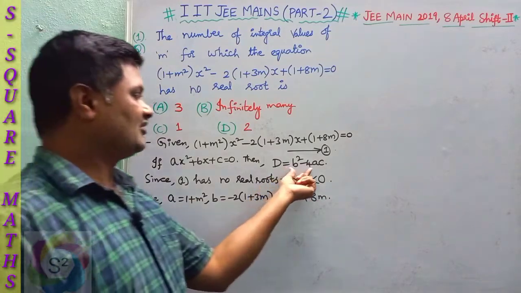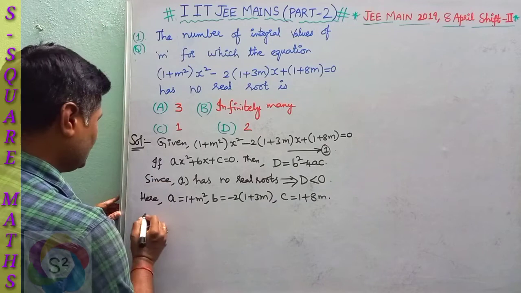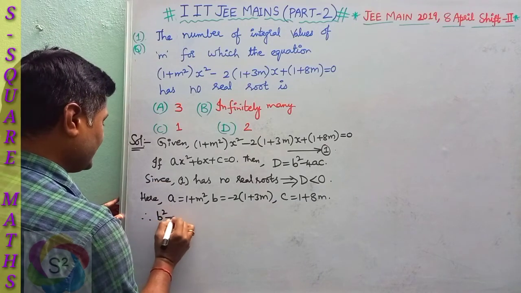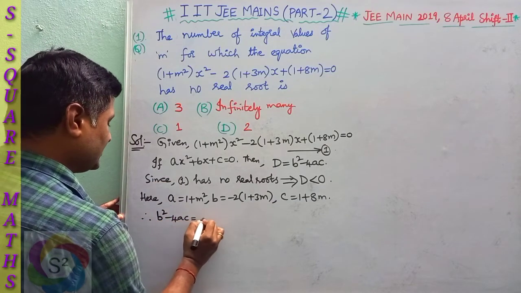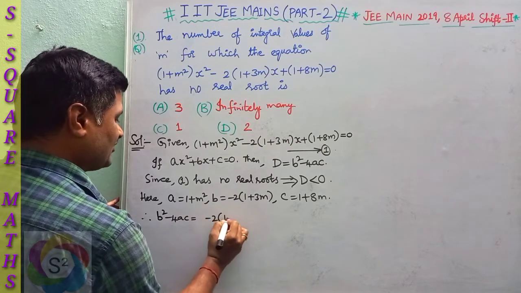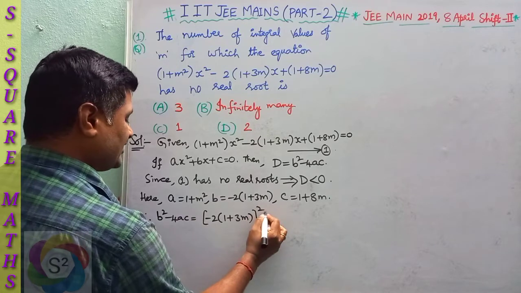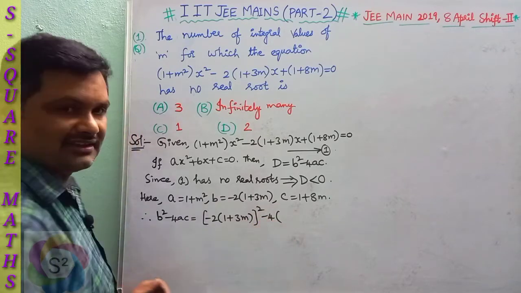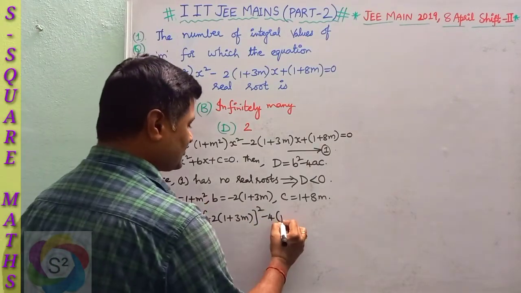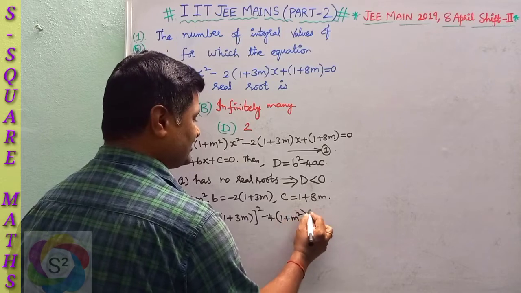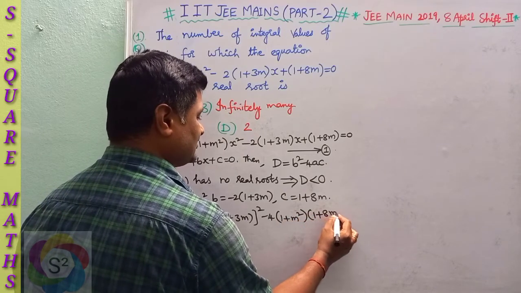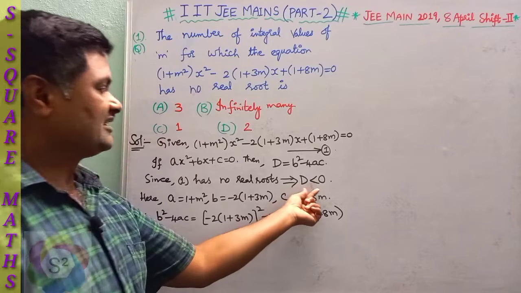Let us operate our discriminant. Therefore b square minus 4ac is minus 2 of (1 plus 3m) the whole square minus 4 into (1 plus m square) into (1 plus 8m), and that should be less than 0.